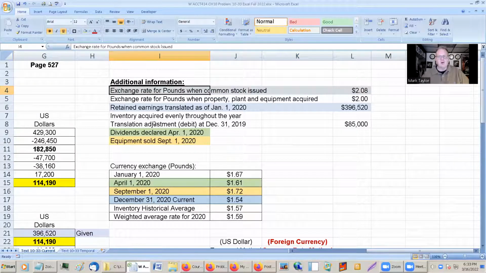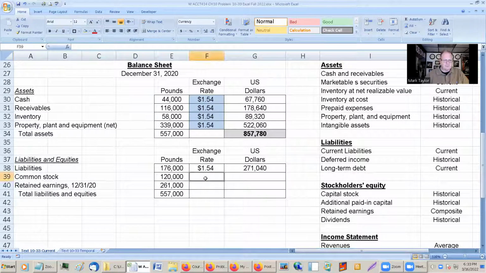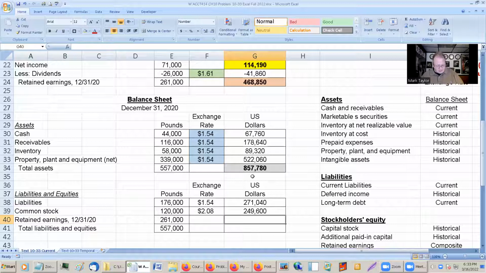So we'll use that. Retained earnings is just what's in the retained earnings, which is here.